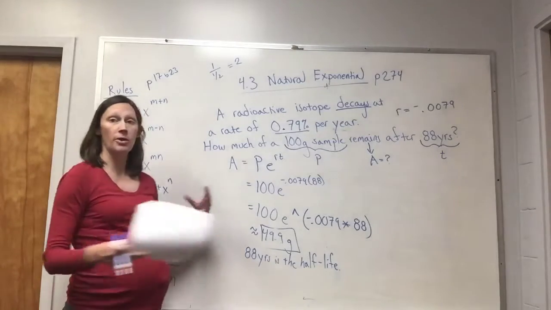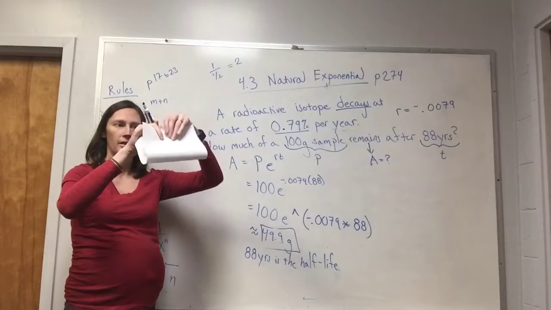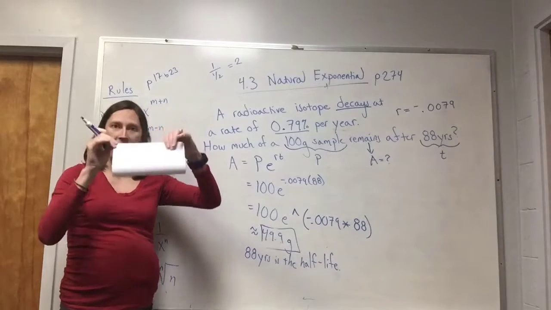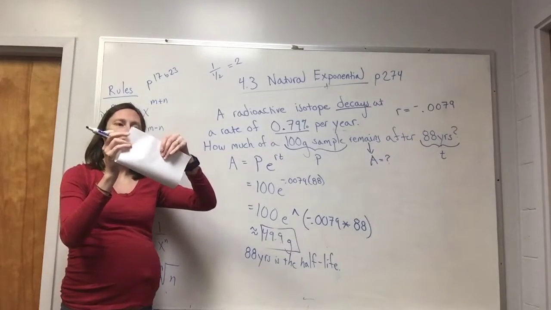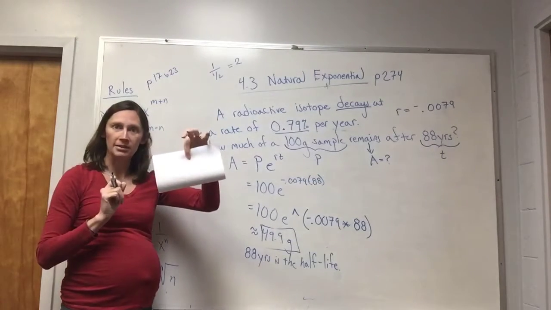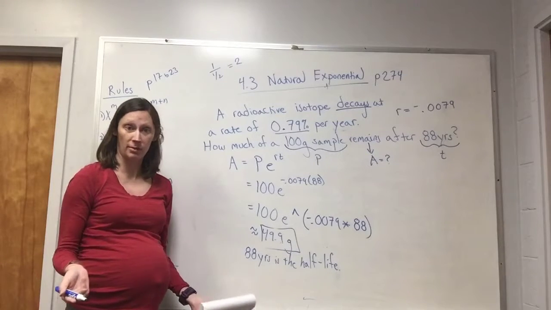Half-life means the amount of time it takes for the entire isotope to be cut in half. If this was 100 grams of the isotope, 88 years later, this is how much remains. So 88 is the half-life, how long it takes for half of it to remain.